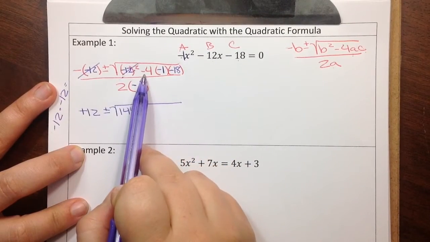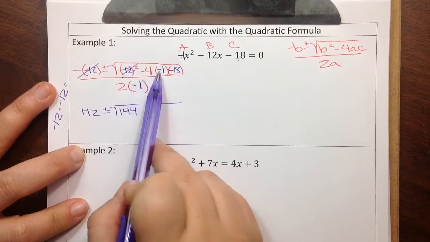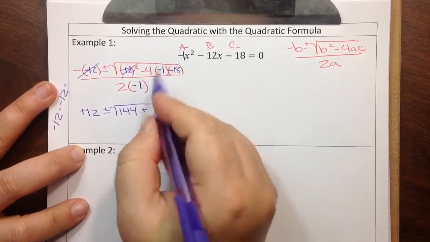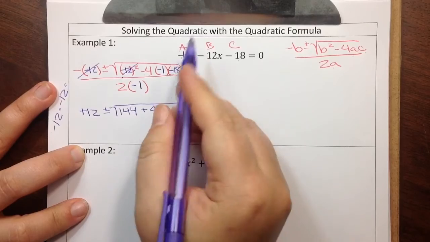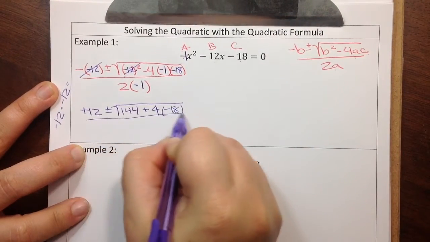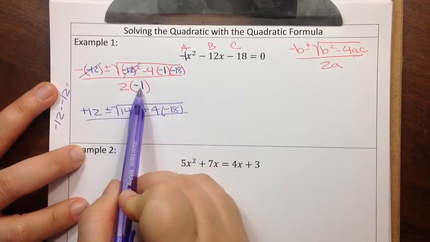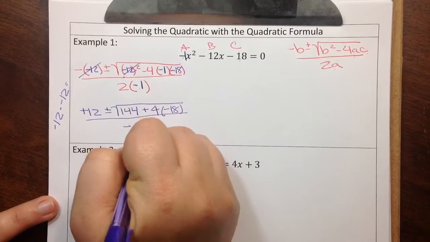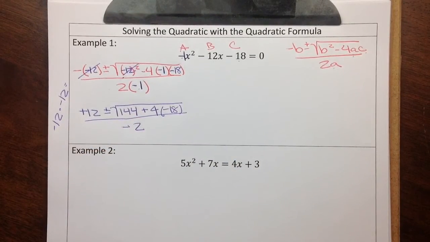Now we're going to have a negative 4 times a negative 1. Again, two negatives make a positive. 4 times 1 is 4. And we're going to bring this times negative 18 down. All over 2 times negative 1. Well, a positive times a negative is a negative. 2 times 1 is 2. So we're getting there. We're not finished yet.